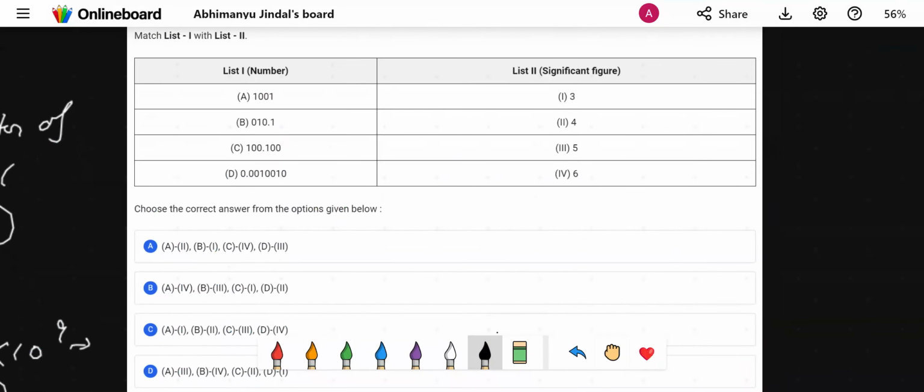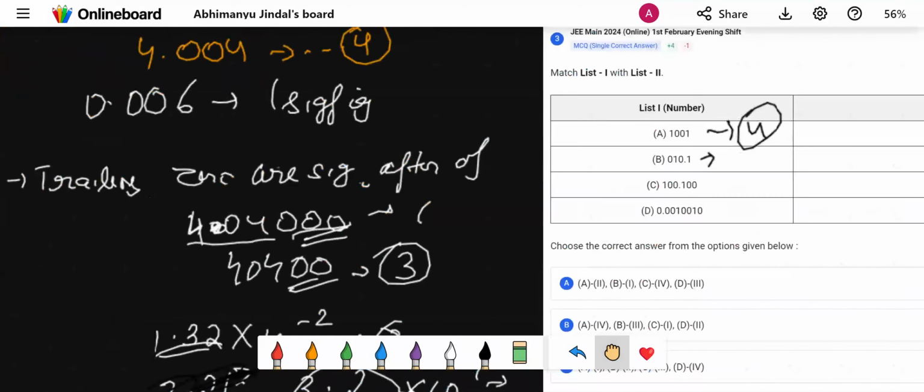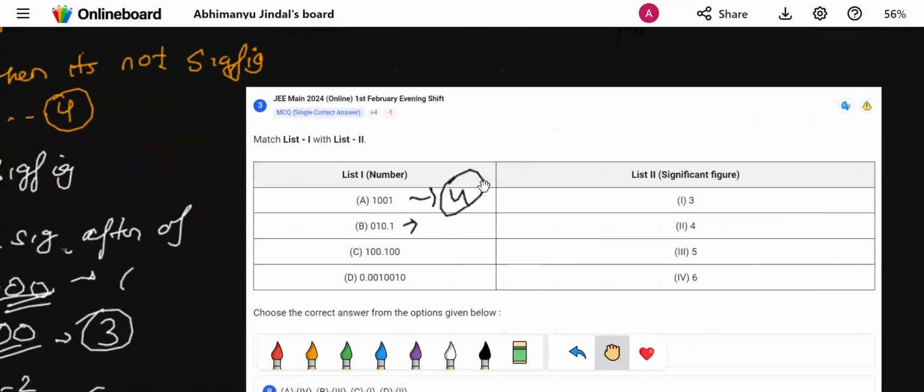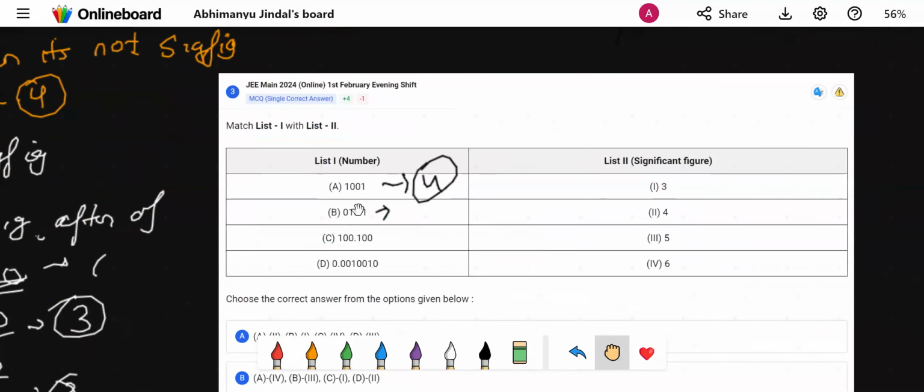So, okay, the number of sig figs. So this is 4. Zeros before a number do not count. Trailing zeros are significant. So leading zeros are not significant. So 0 is not. So 1. Oh, so this has 3. So if there's a decimal, then trailing zeros also count. So 10016 right here.